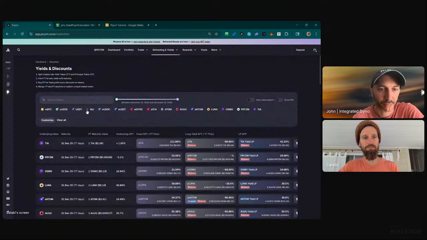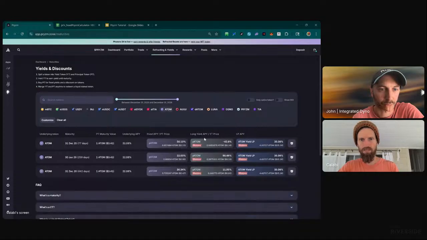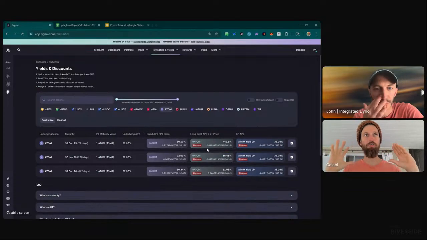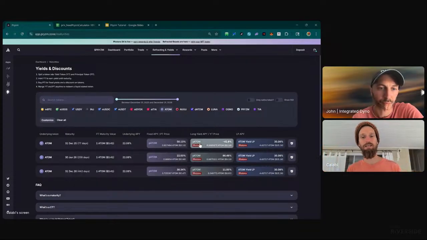If it's a negative yield, Atom, here we go. Anytime this is negative, at the current market context, it is saying that if you paid this amount right now, you would be receiving on an annualized basis 42% less yield.